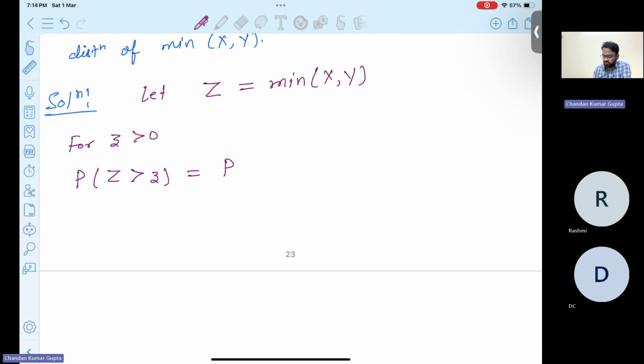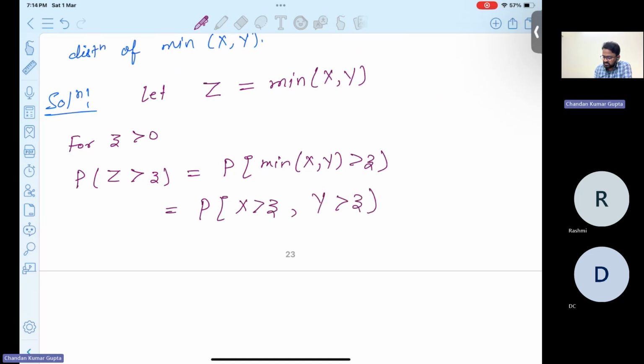This is defined as probability that Z, which can be replaced by minimum of X, Y, is greater than z. Since the minimum is greater than z, this means X is greater than z and Y is also greater than z, that means both are greater than z.